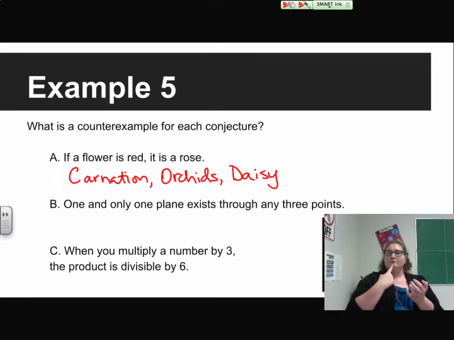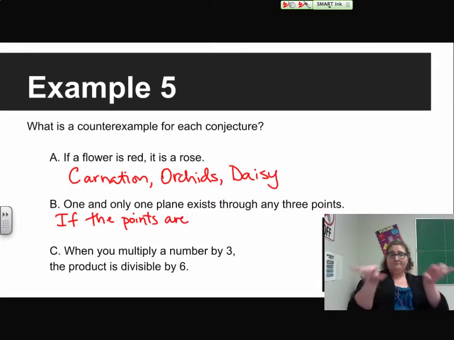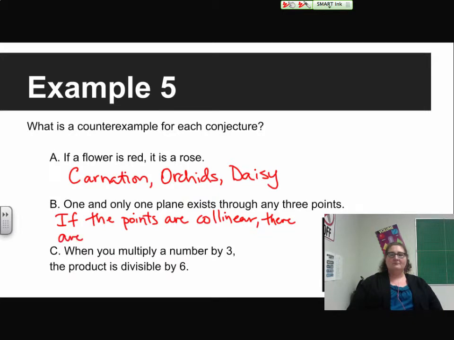So we want to say that if the points are collinear, there are infinitely many planes. And just for your reminder, intersection of the floor and the wall.